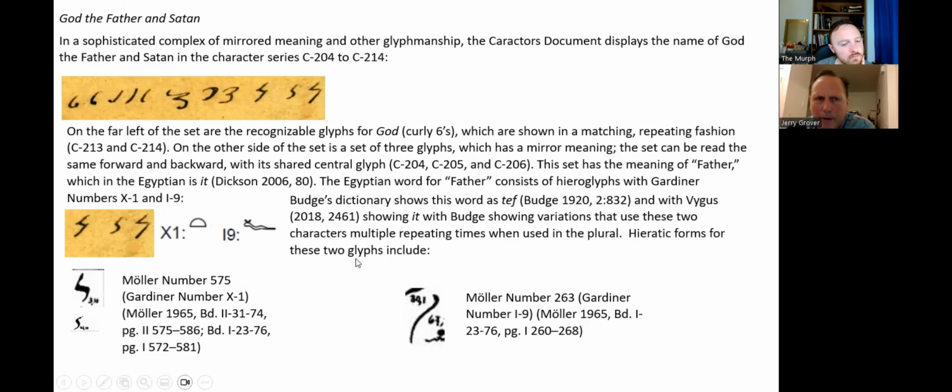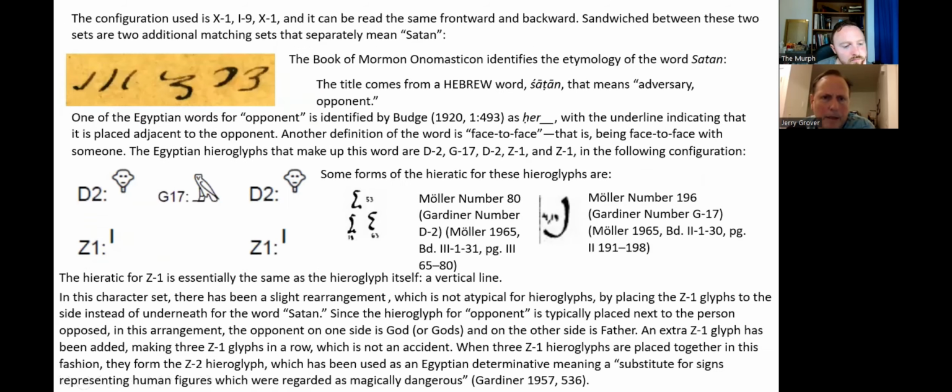But why I have to show all this is because in the onomasticon, Satan means adversary or opponent in Hebrew. In the Egyptian word for opponent, you have the word, and then you are supposed to put who it's opposing next to it.